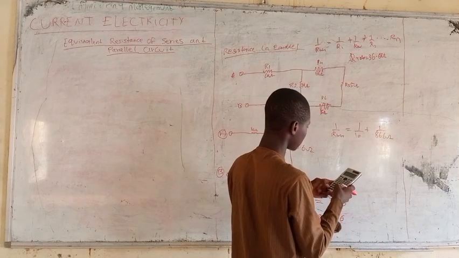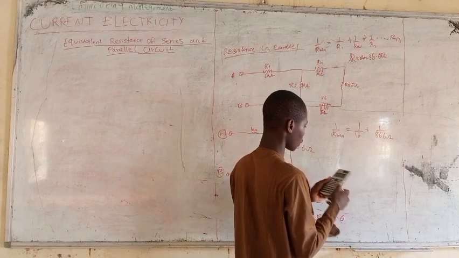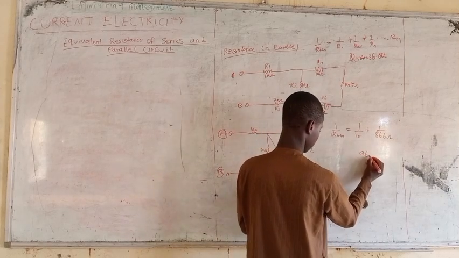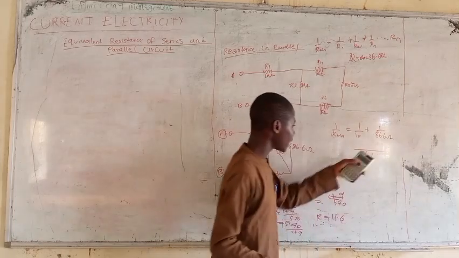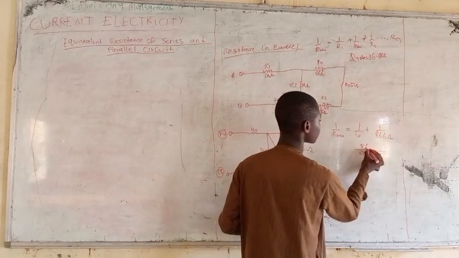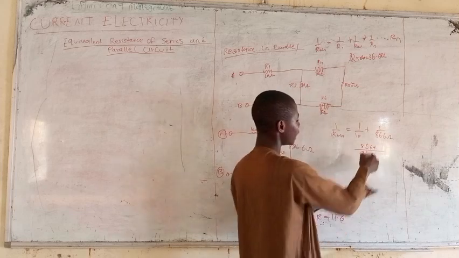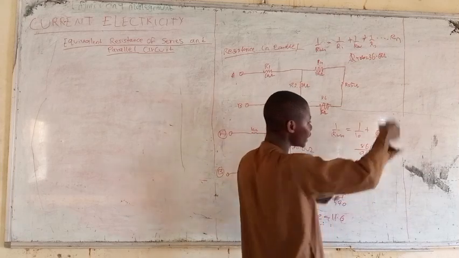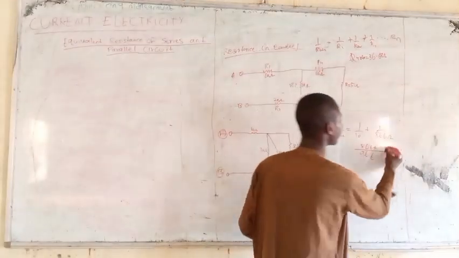Let's say 86.6 plus 10, we're having 96.6. Okay, 96.6 over 10 gives you 86.6, and 96.6 over 86.6 gives you 10.